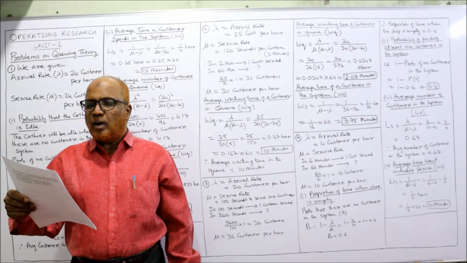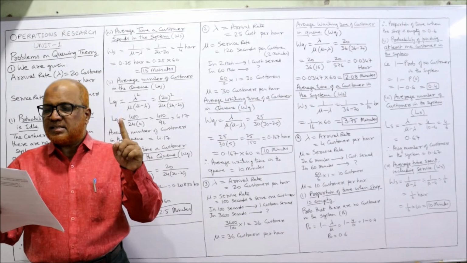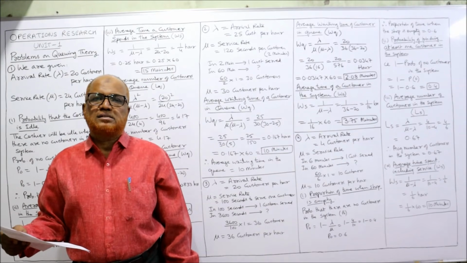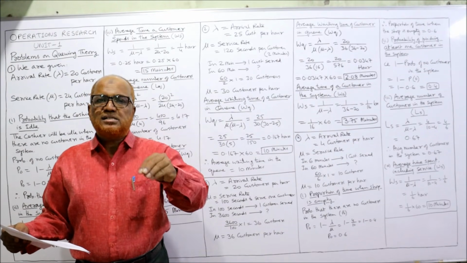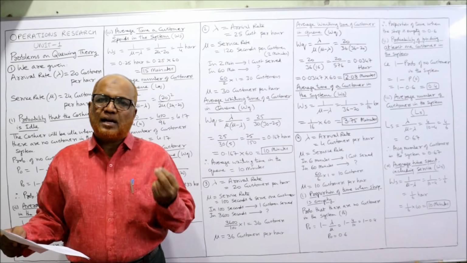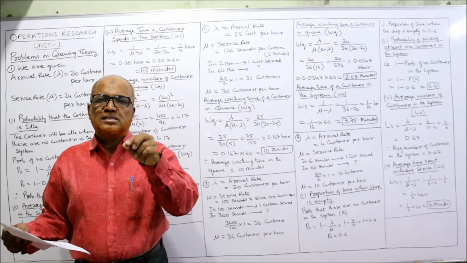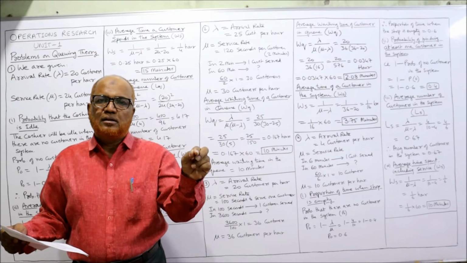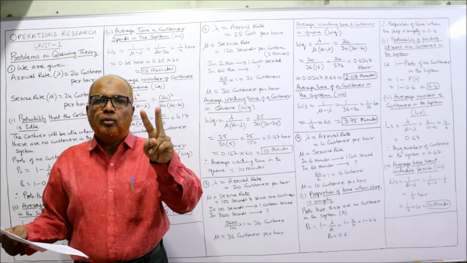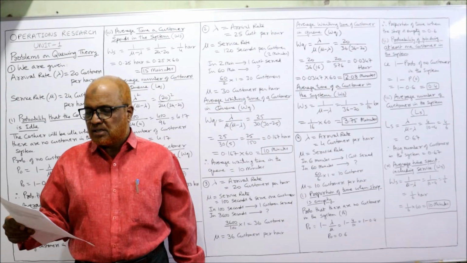Then the time required to serve one customer has an exponential distribution with a mean of 120 seconds. One customer is served in 120 seconds. 60 seconds is 1 minute, so 120 seconds is 2 minutes. So every 2 minutes, one customer is served.